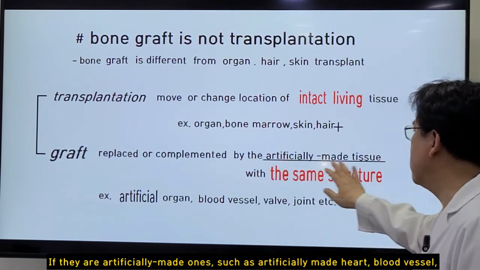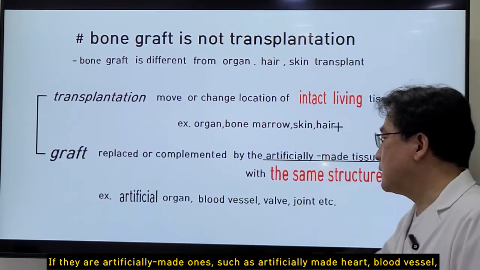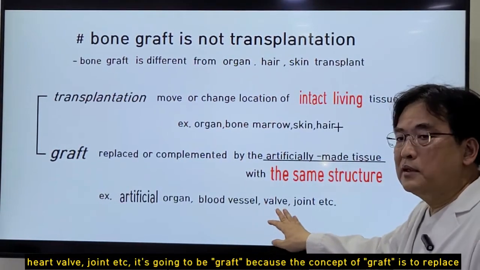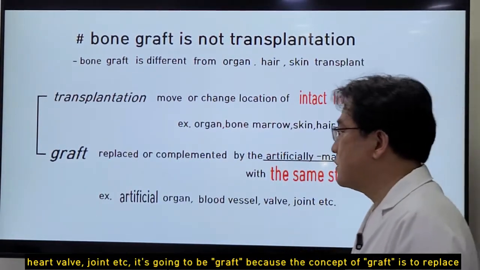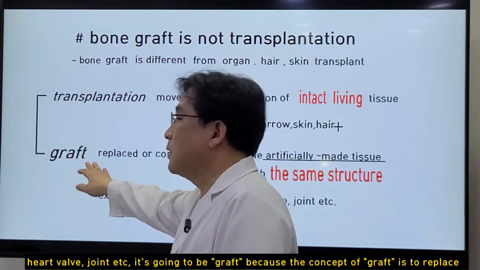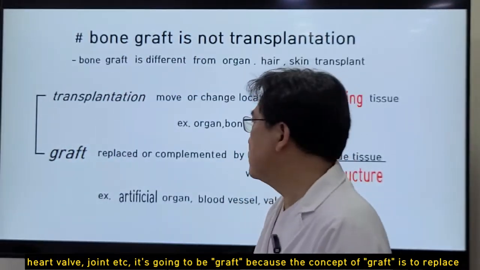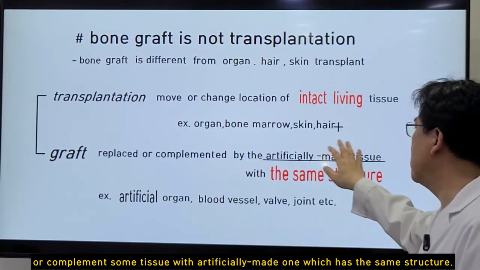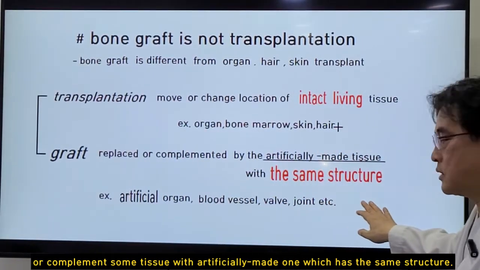If they are artificially made ones, such as an artificial heart, blood vessels, heart valve, joint, etc., it's called a graft, because the concept of graft is to replace or complement some tissue with an artificially made one which has the same structure.